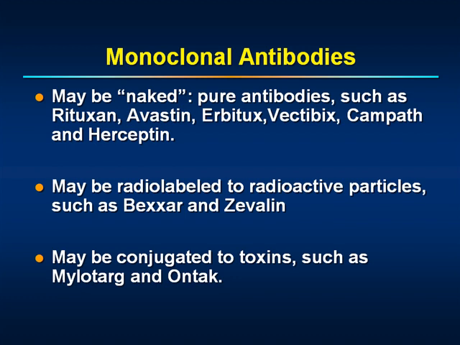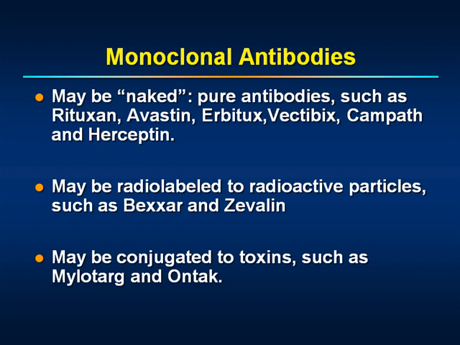Now, monoclonal antibodies may be naked or pure antibodies, such as Rituxan, Avastin, Erbitux, Vectibix, Campath, and Herceptin, or may be radio-labeled to radioactive particles such as Bexxar and Zevalin.